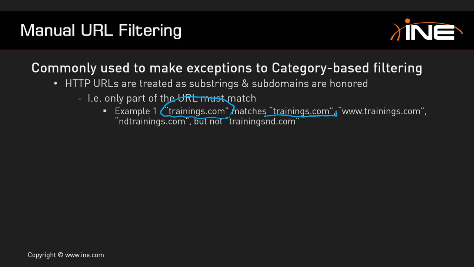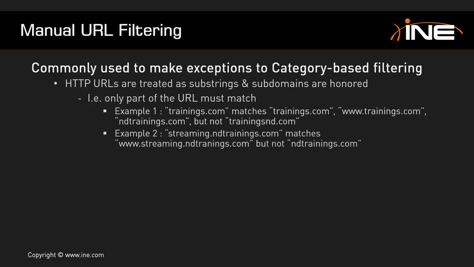But in addition, it is also going to match requests sent to any subdomain or individual hosts that are a part of this domain, like a web server, or maybe it is also going to catch anything that's before the domain name, like ndtrainings.com, but not something that doesn't contain the actual string that we have defined in the object. So training something.com is not going to work.